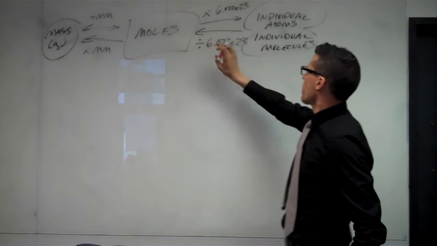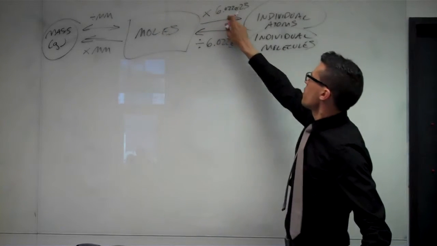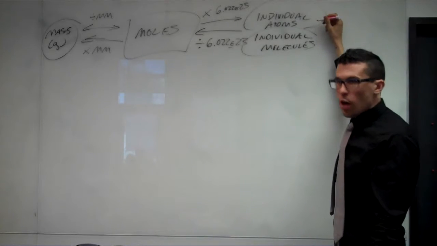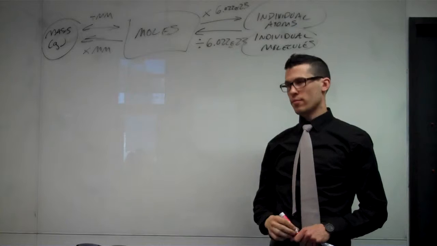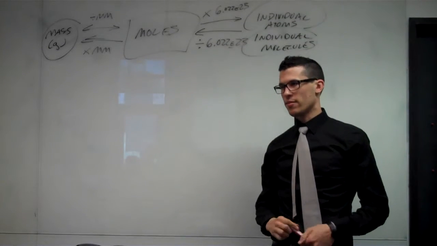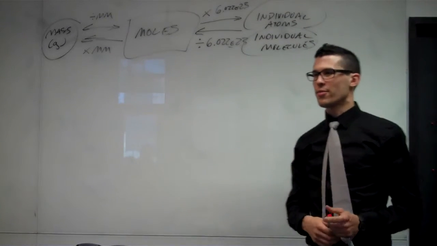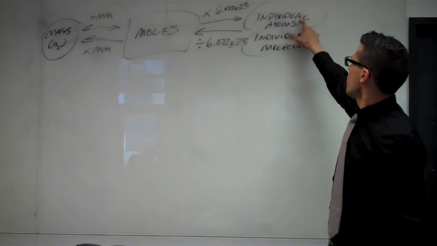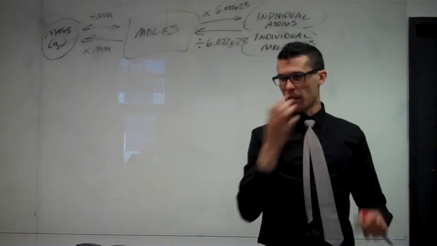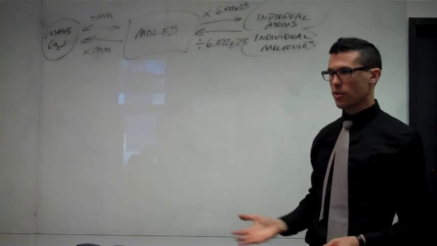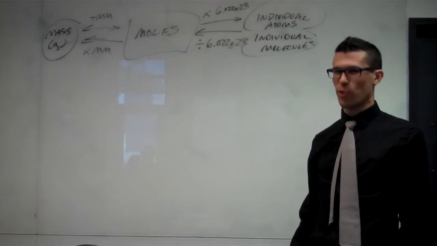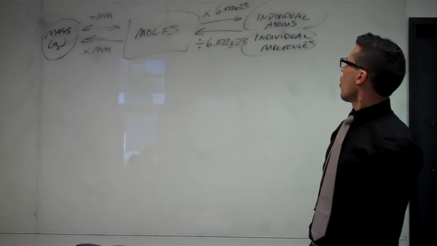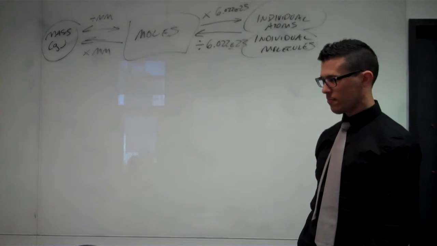Then I multiply by this number, and I get individual carbon atoms. So if it's more than one atom, it's called a molecule. But if it's only one, it's an atom. Exactly. If there are a bunch of atoms clumped together, we call it a molecule. If it's just an individual atom, then it's just one atom. All right, with me so far?